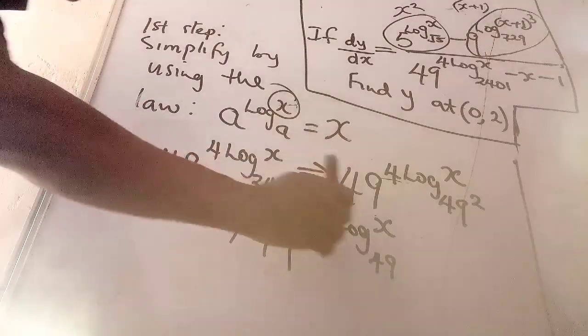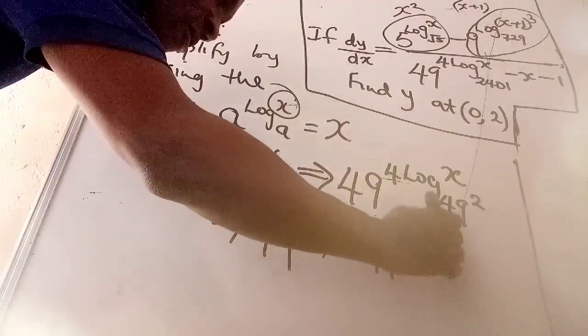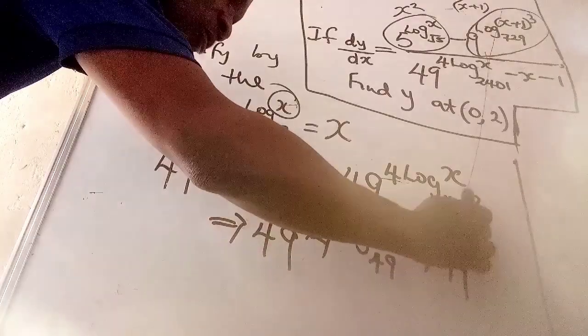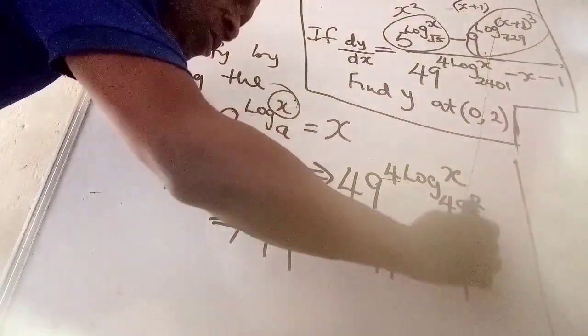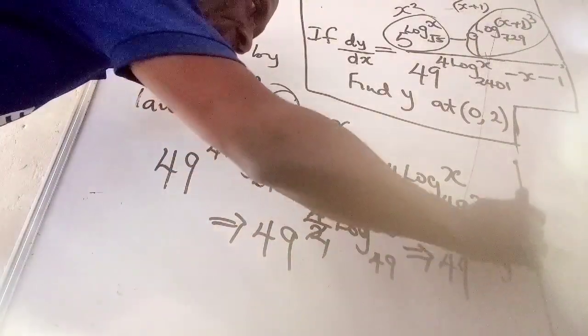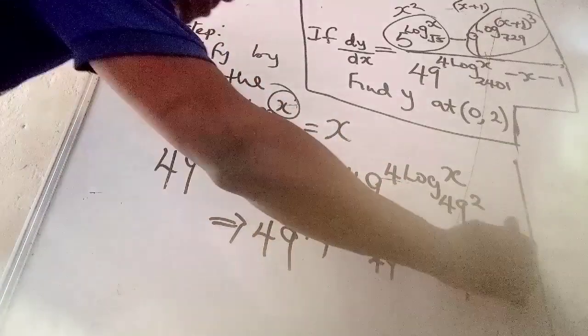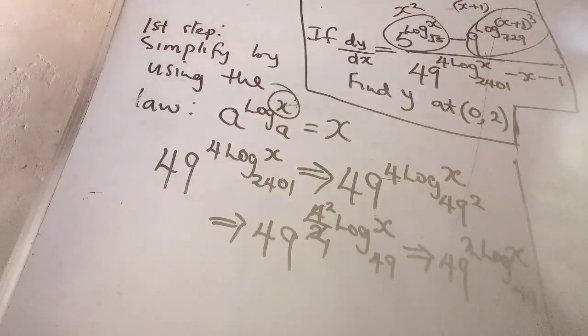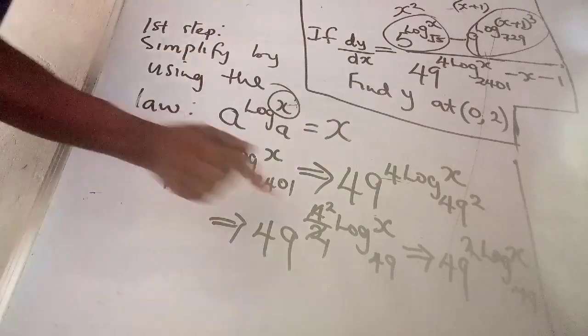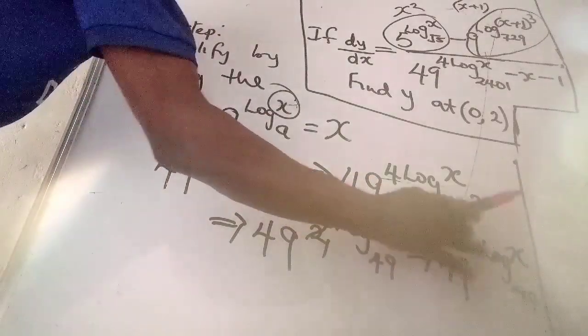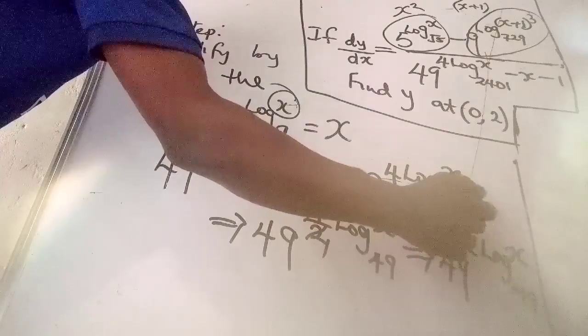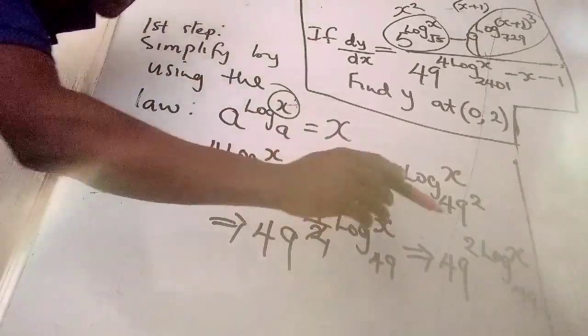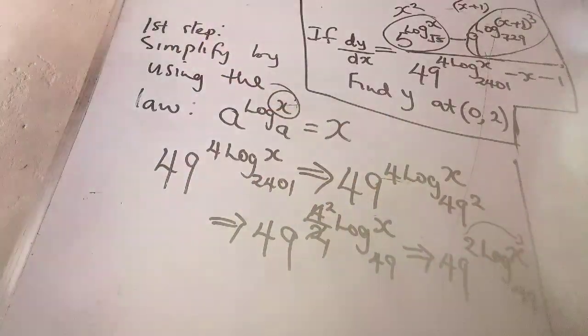So this one will give us 49 raised to power 2 log x base 49. But don't forget that according to this law, the coefficient here must be 1. That means this 2, according to the law of logarithm, can be shifted here to become power to x.